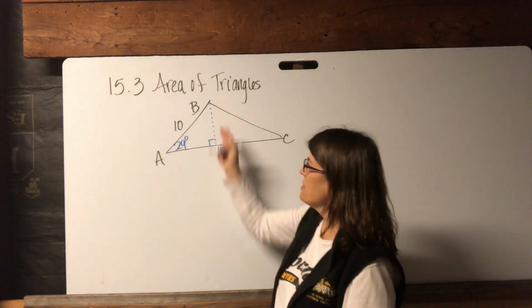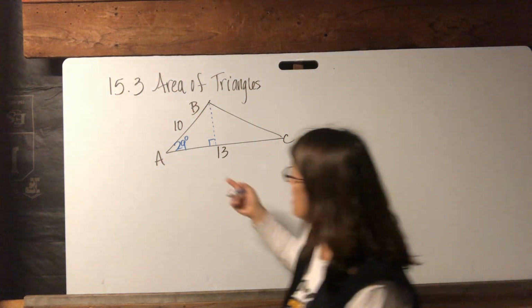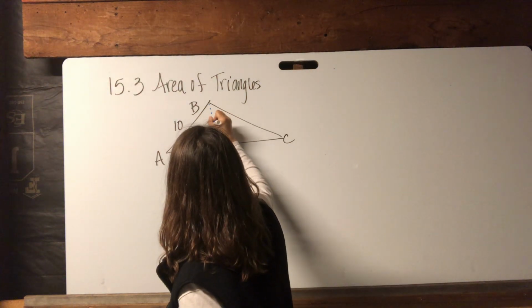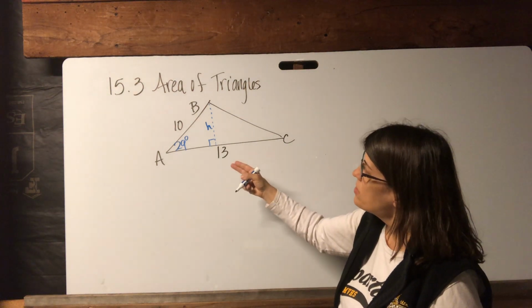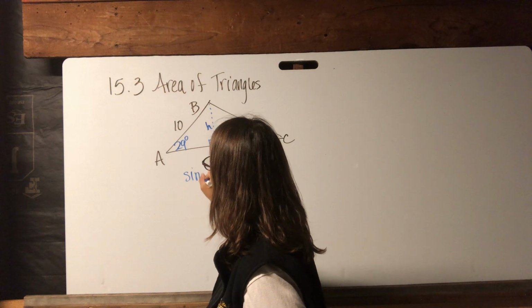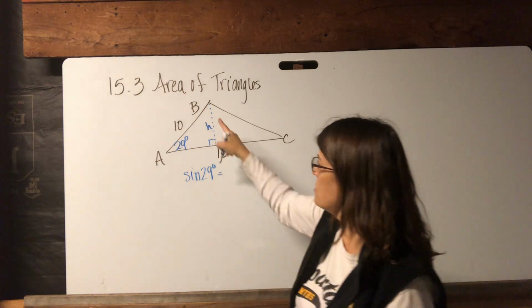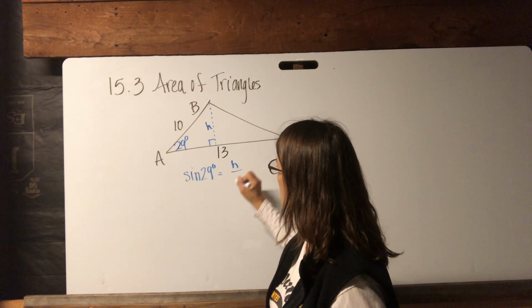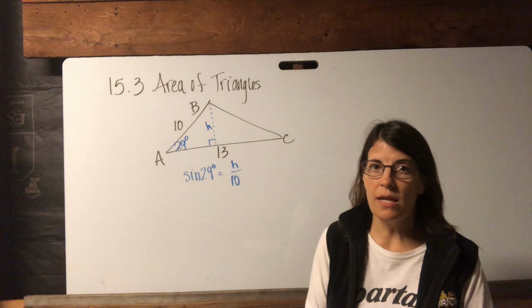How do you find the height? You would use SOHCAHTOA. Let's call the height H. The sine of 29 degrees is equal to H over 10.